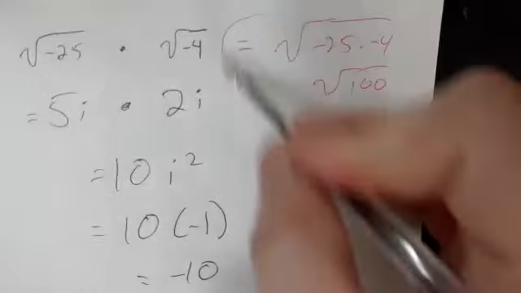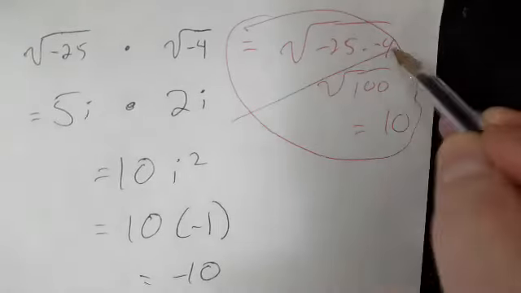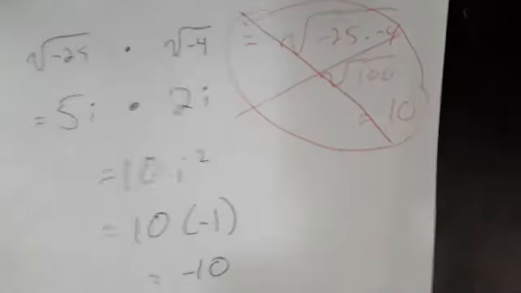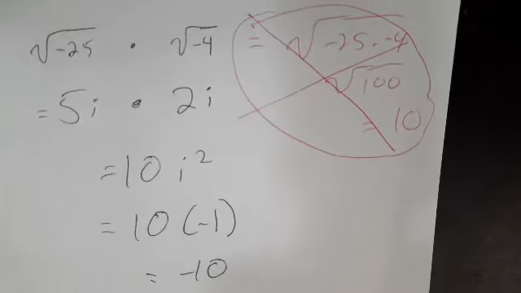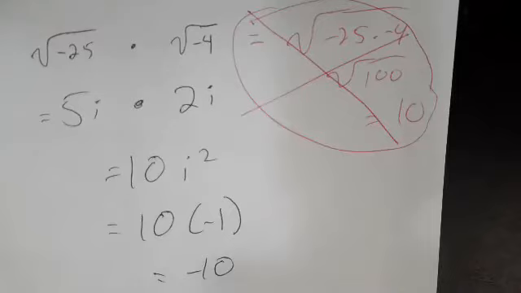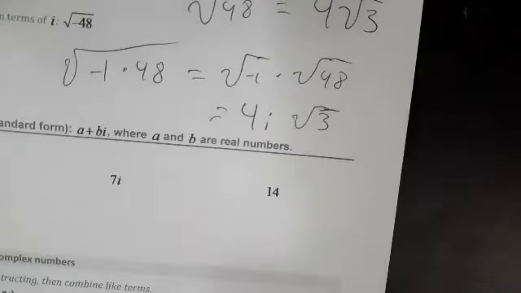So again, pluck out the i's. This is the moral of the story. It takes a certain kind of priority to get those i's out of the radical. It should be first priority.